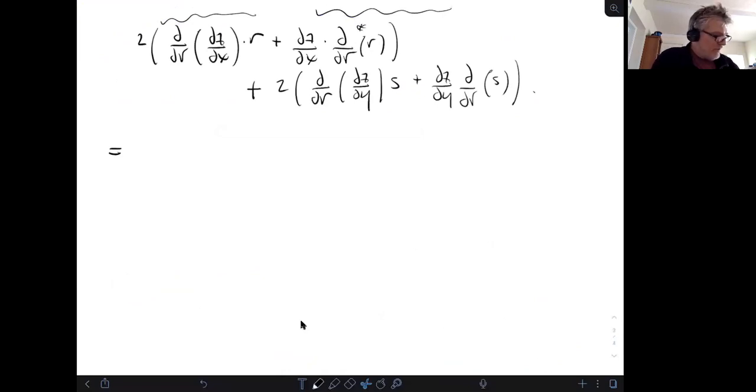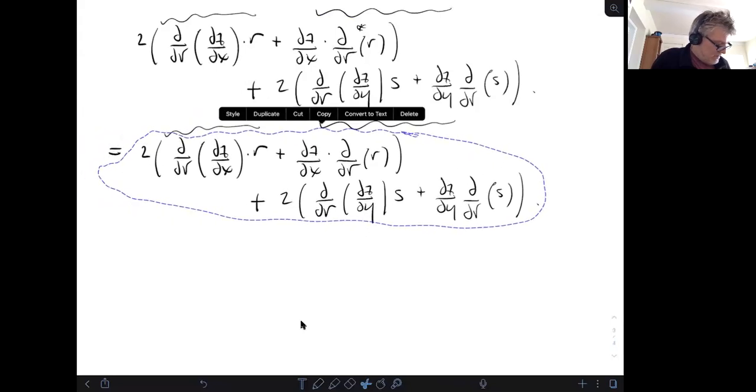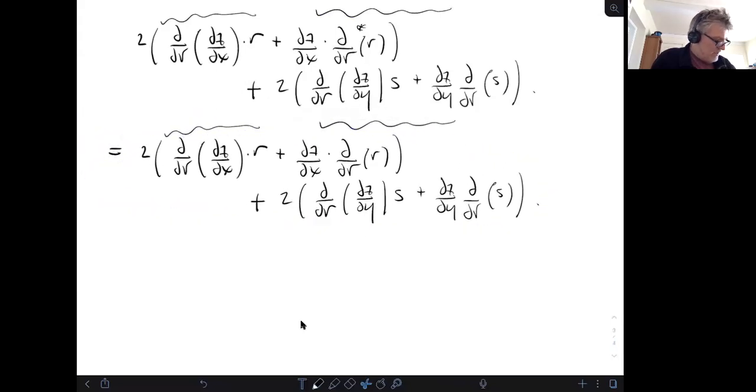So let's look at this guy here, del R of R. That's a straightforward derivative. That's just 1, right? So this guy here is just 1. Okay. What about this guy here?